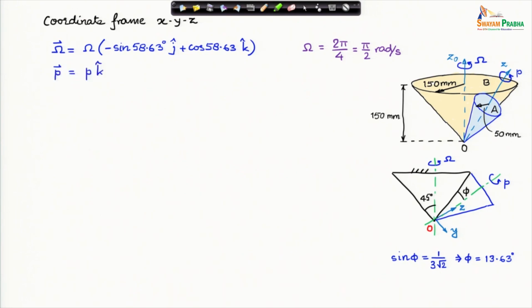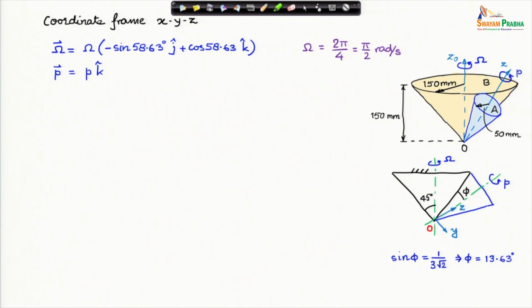Now, the spin of the smaller cone, the cone A, let me express it as the vector p, which I have shown in the figure. We do not know its magnitude as yet, but we know that its direction is in the k cap direction.